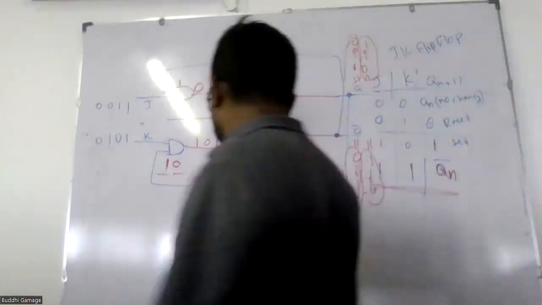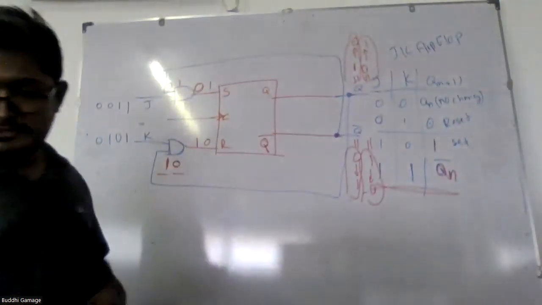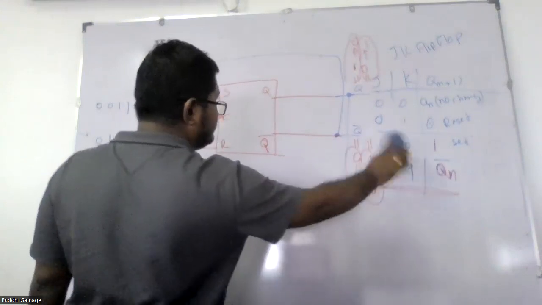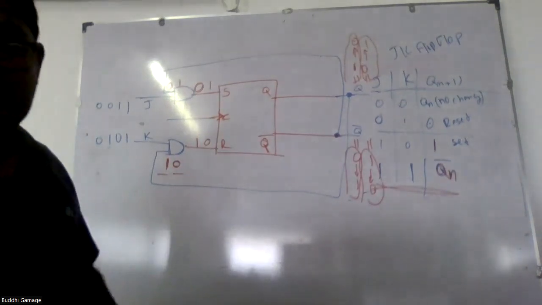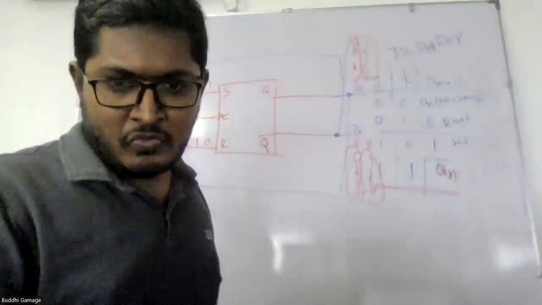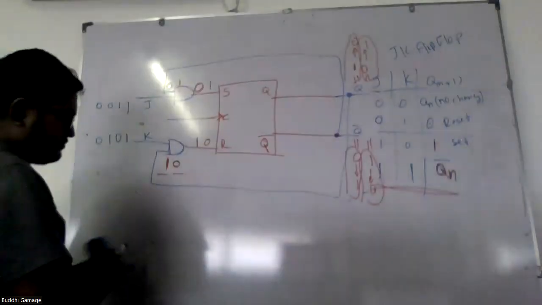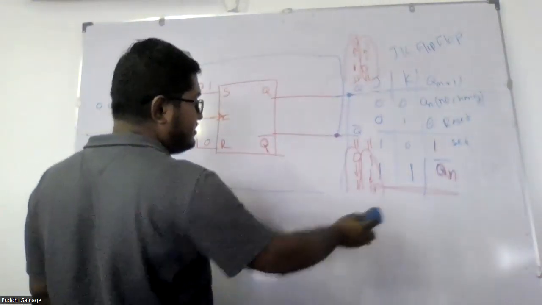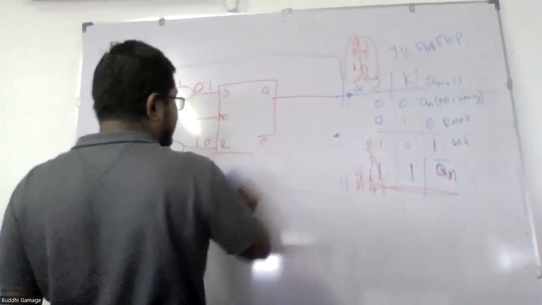So in JK flip-flop, it will change the state when both input values are 1, right? So in JK flip-flop, we can fix that merit issue which we have in the SR flip-flop.